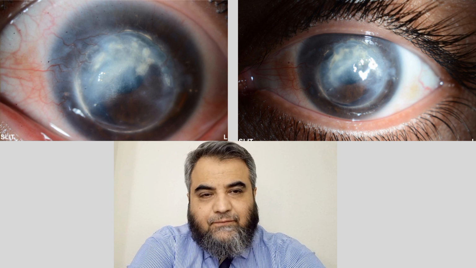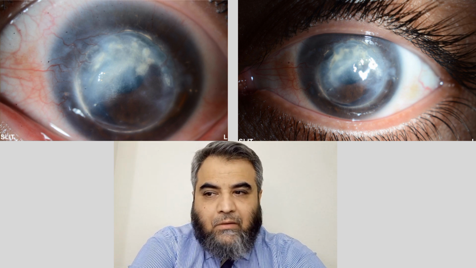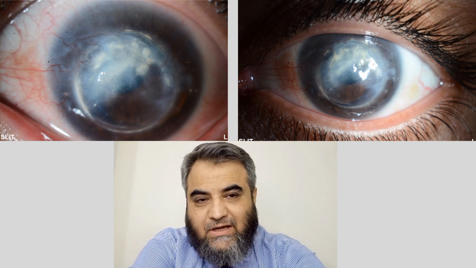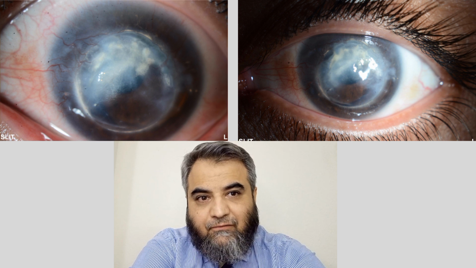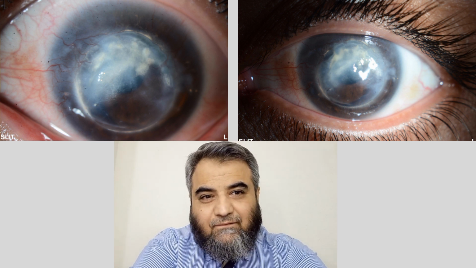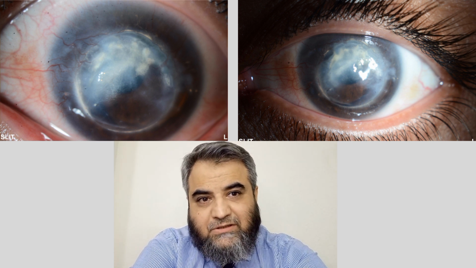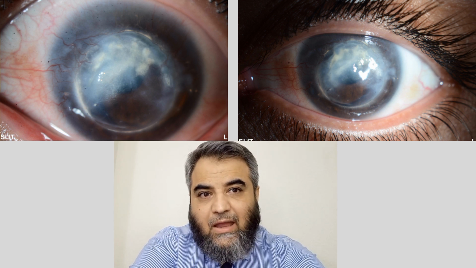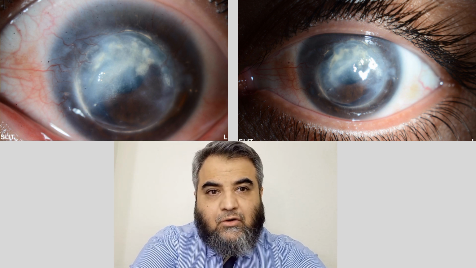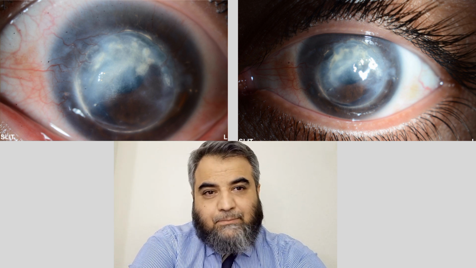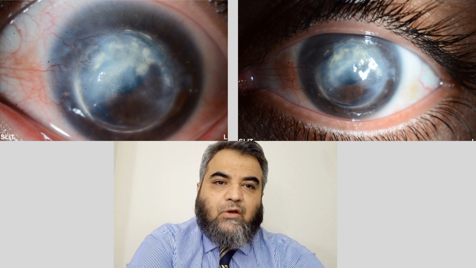Some other photographs, here you can see that the inflammation which was at the limbus, the red inflamed blood vessels, because these blood vessels have lymphocytes, they have everything which can cause the graft donor recipient reaction.